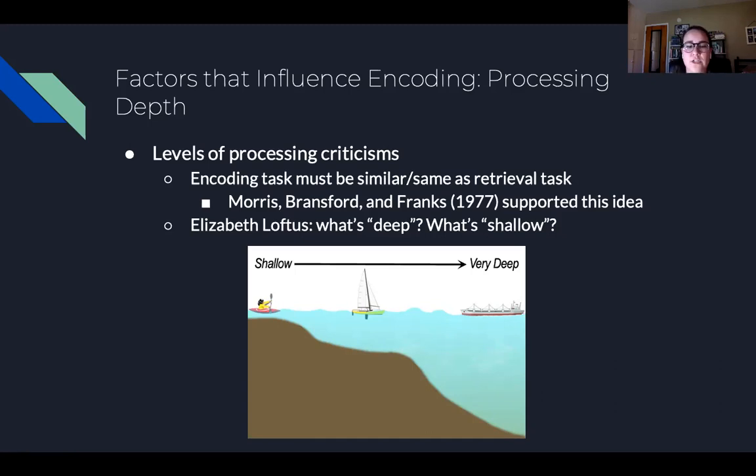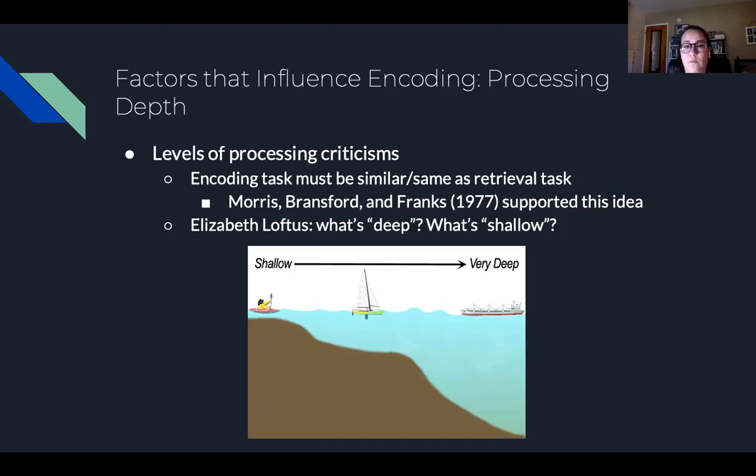Another question has also been raised, a little bit more of an existential question: how do we even know what is deep processing versus shallow? What are the distinctions between those? How do we know what that is? This criticism was put forth by a famous cognitive psychologist, Elizabeth Loftus.